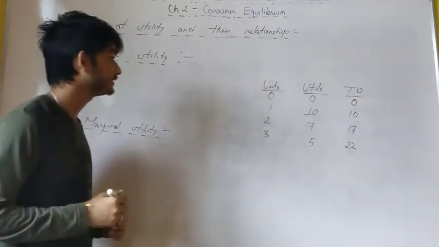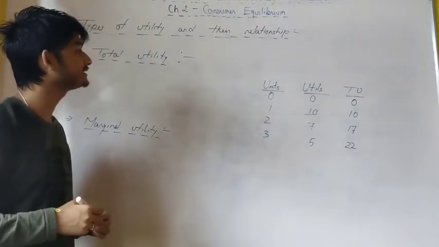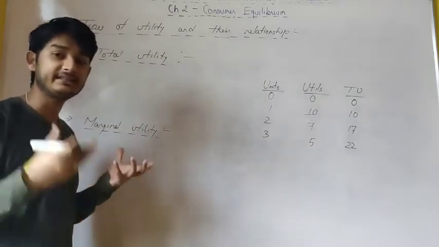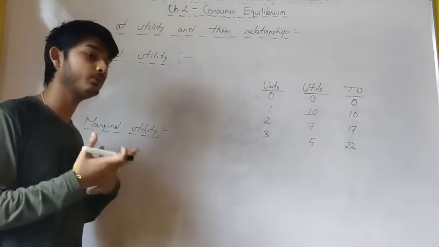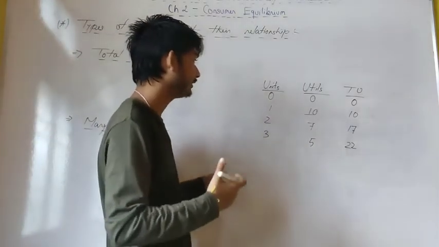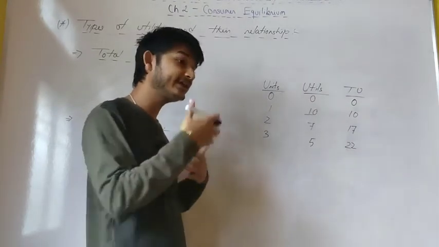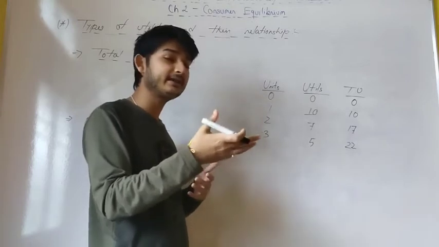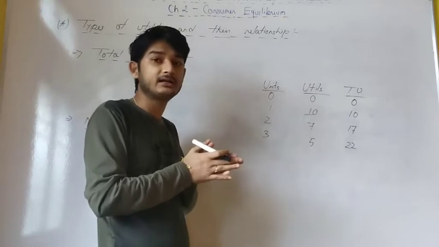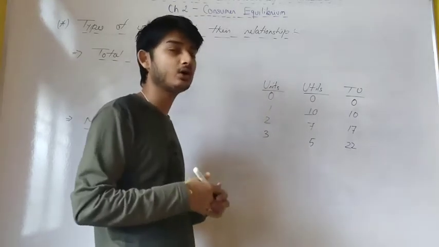So total utility is the sum total of the utilities that a consumer derives when he consumes a certain number of units of a commodity. That could be 1 unit, 2 units, 100 units, or whatever the amount. For each unit he consumes, he gets some satisfaction, and if we club them together, we get the total utility for the consumer.